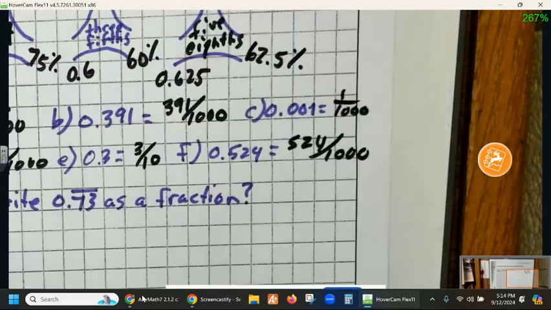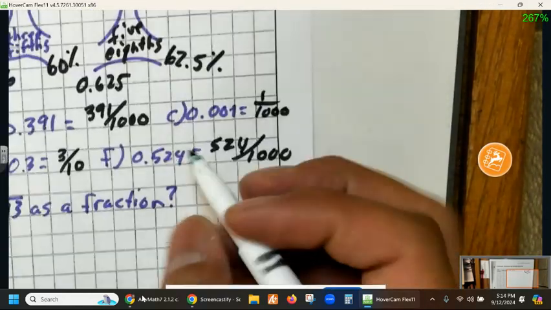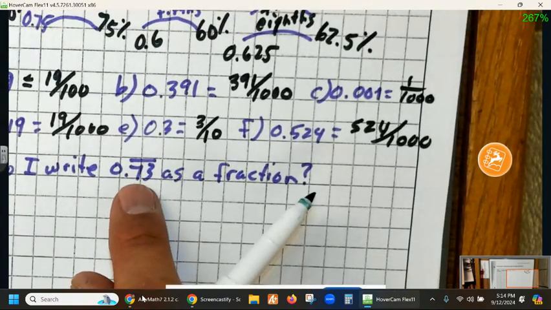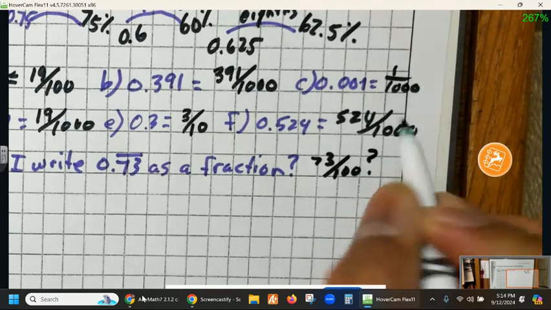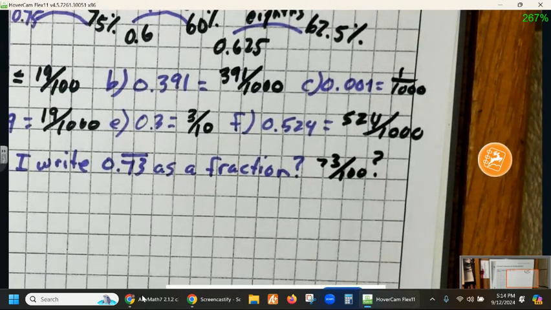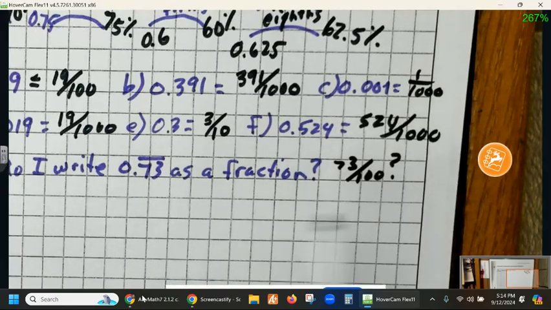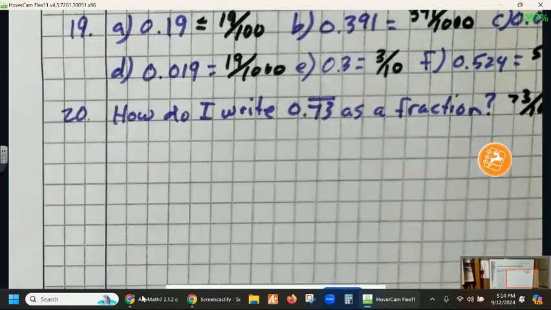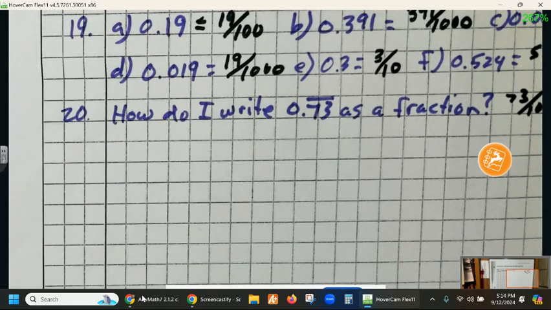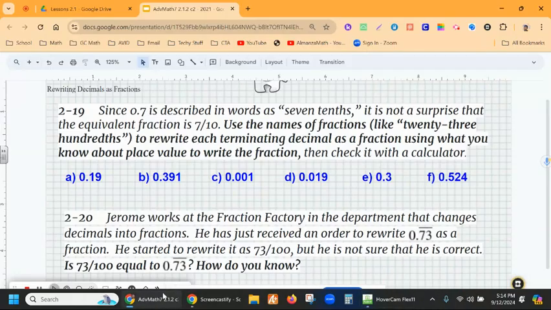Okay, so we want to know, well, since it's only 2 decimal places, is it 73 over 100? Now some of you may be thinking, oh yeah, I think it is because we have 2 numbers there, and someone might be thinking no. So we'll come back to this question, and let's move on to the next.